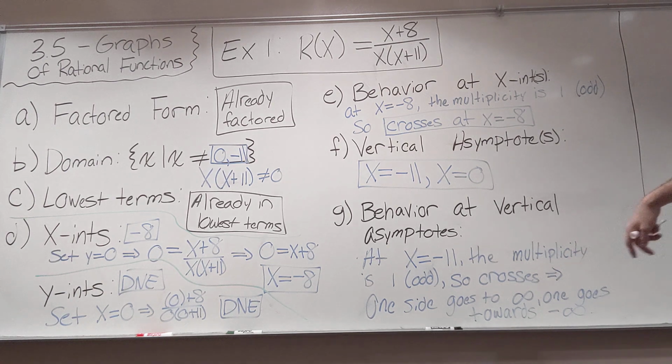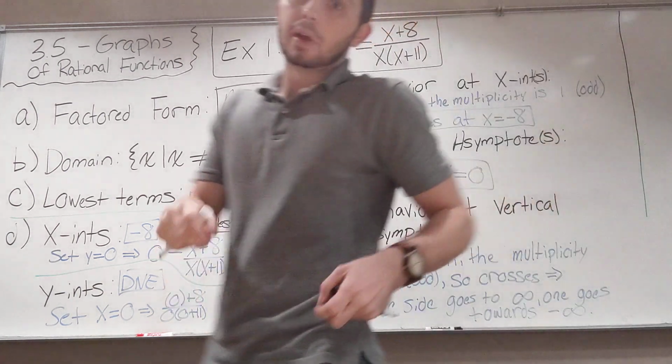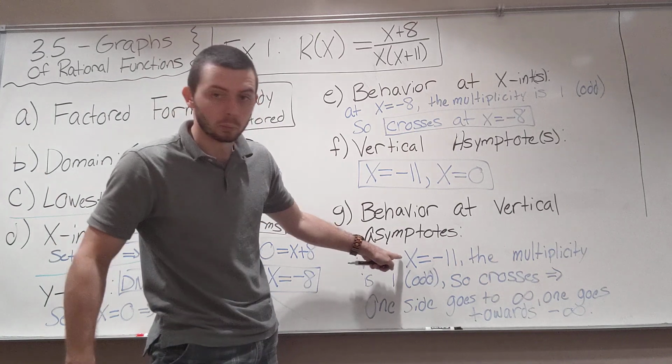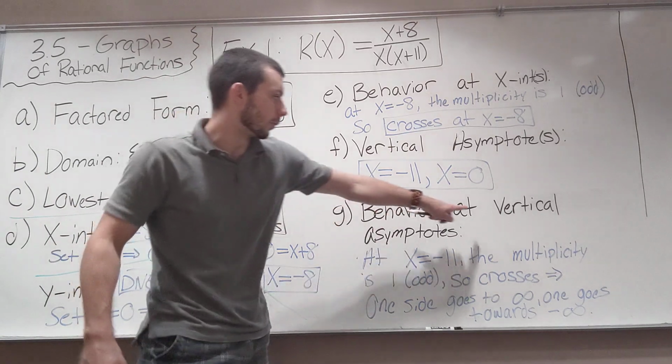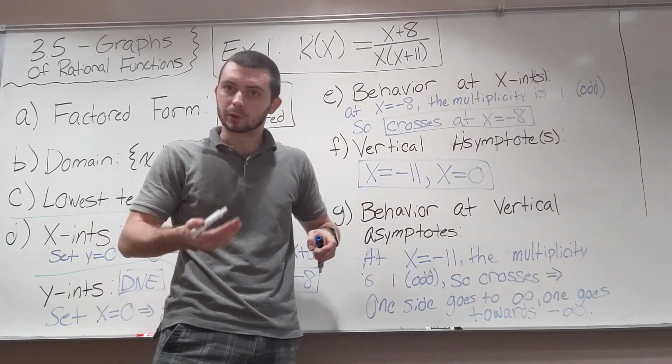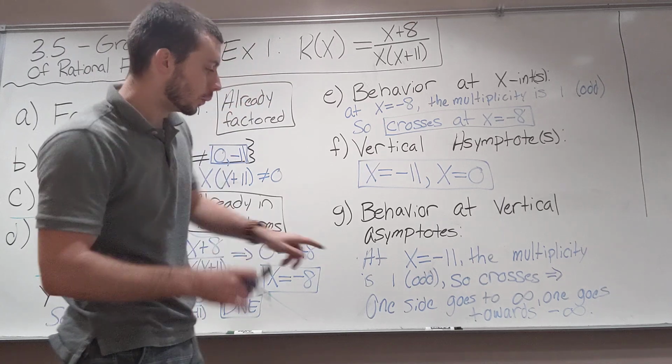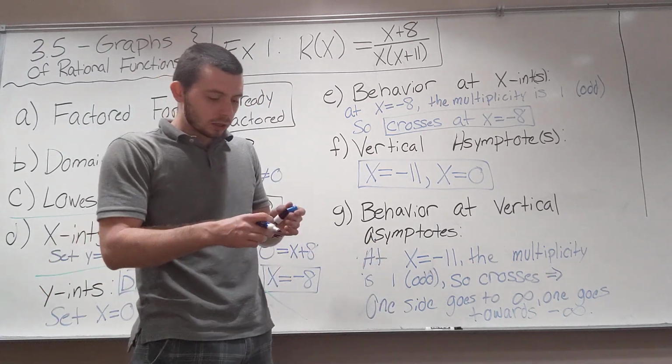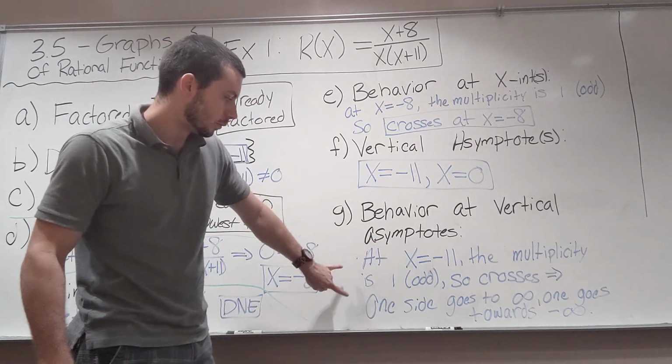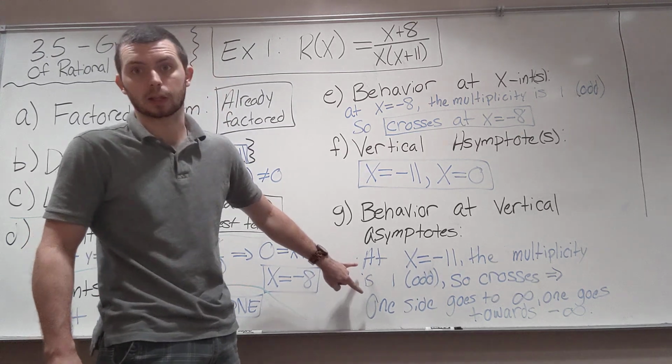And so that's the conclusion there, and that's only for one of the vertical asymptotes. We still have a whole other vertical asymptote, which is x is 0. And it turns out for x is 0, all this logic still applies.